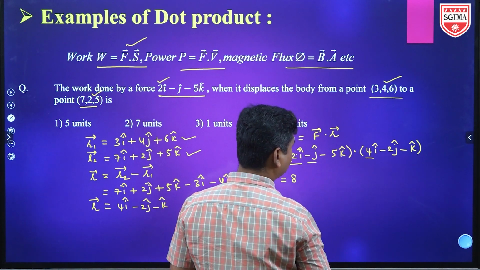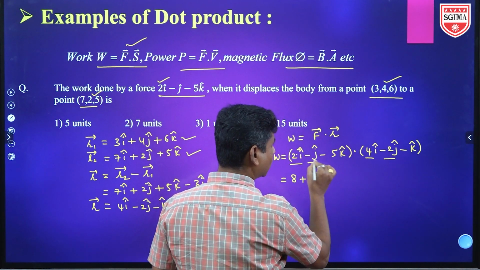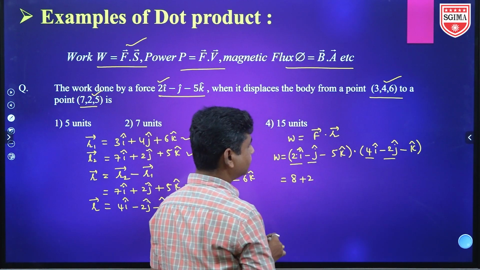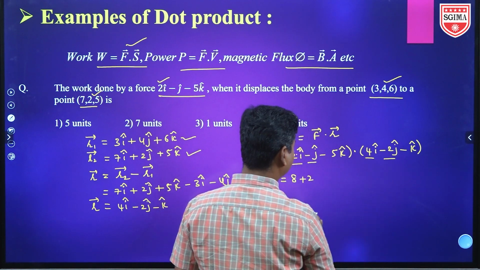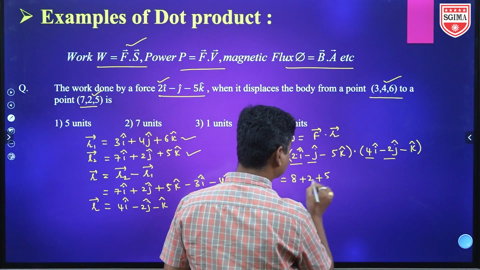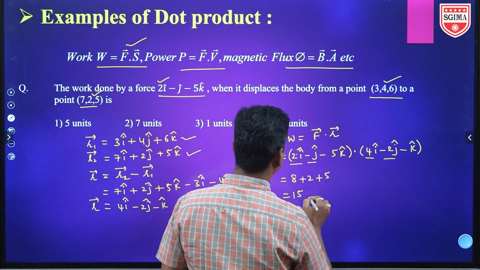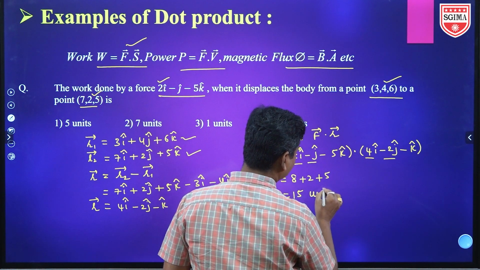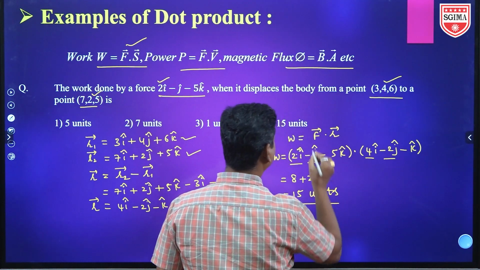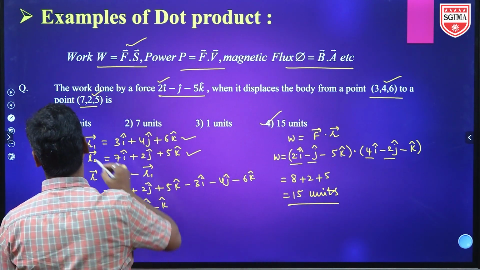Here minus 1 and minus 2, minus of minus plus, 1 into 2, 2 only. Next minus and minus, minus of minus plus, 5 into 1, 5. The value is 15 units. It is the method to calculate. So the fourth option is correct for the question.